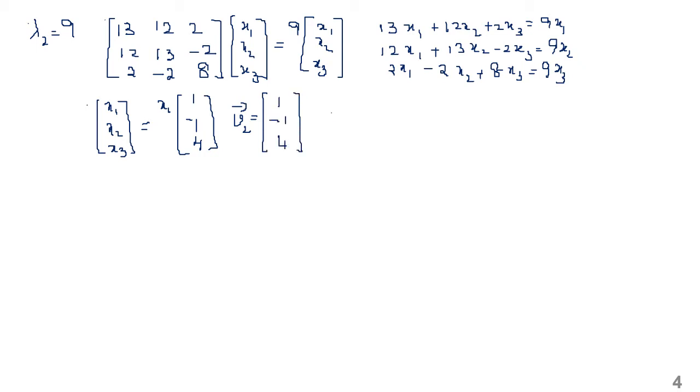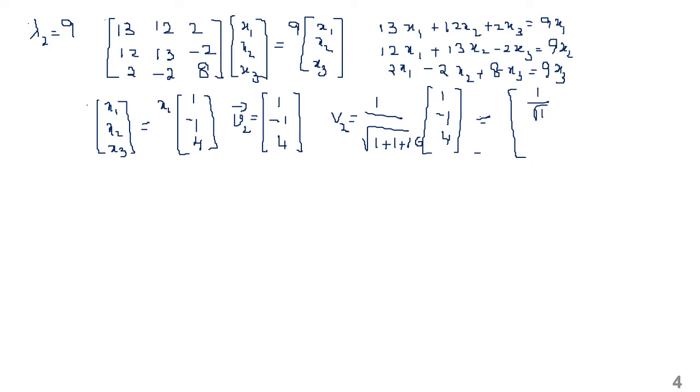So therefore, V2 is given by, that is a unit vector, so we have to divide it by root of 1 plus 1 plus 4 square, that is 16, multiplied by 1, minus 1, 4. That gives you 1 divided by root 18, minus 1 divided by root 18, 4 divided by root 18.